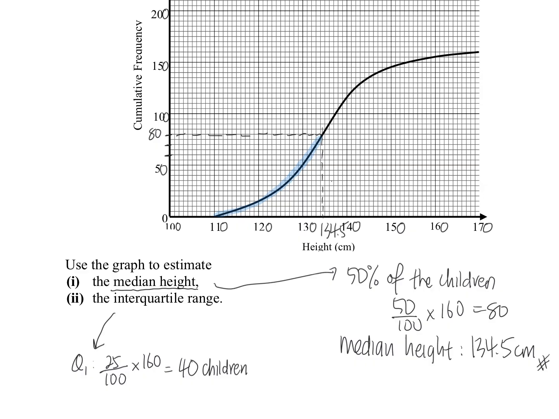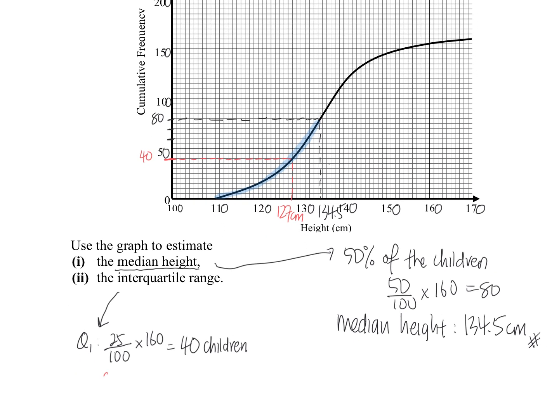So go to your graph, read at the 40 mark. 2 boxes is 10. So 40 mark is 2 boxes below 50. So you go and read. It is at 127 cm. So 40 children has a height of 127 cm or less. This is 25% of the children.